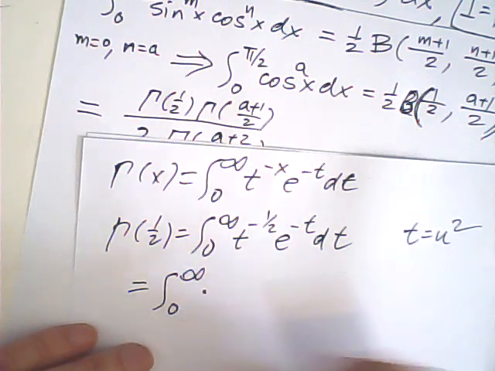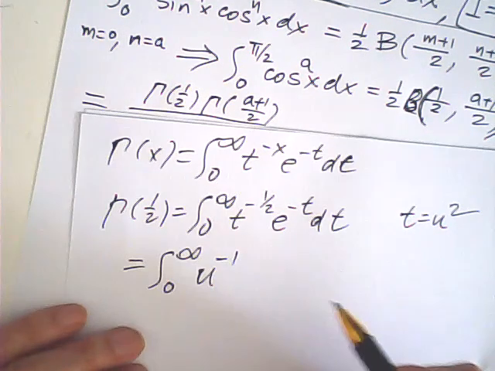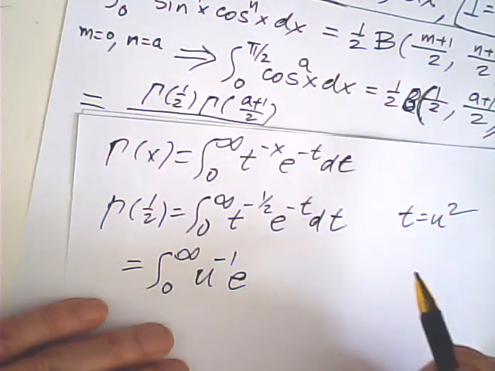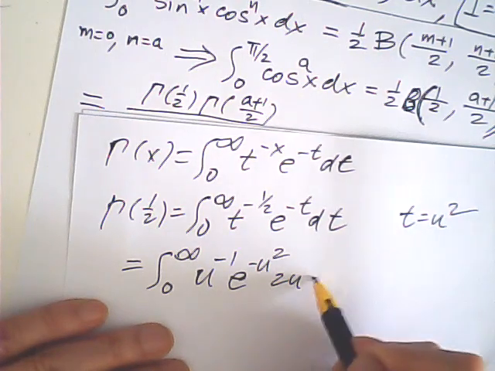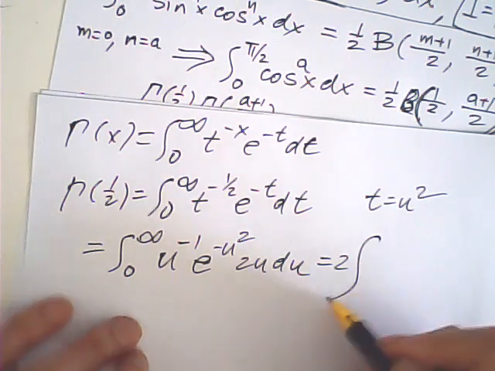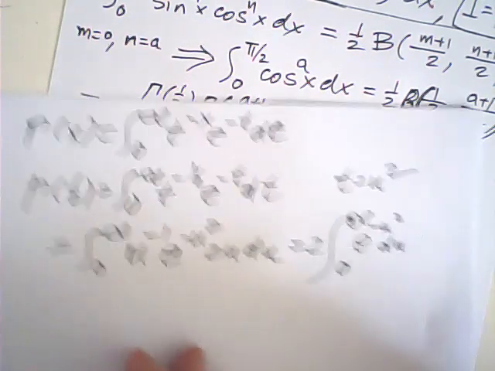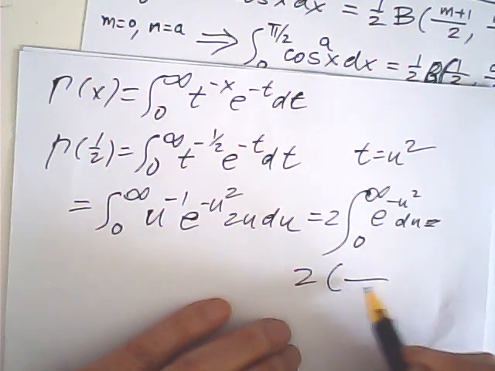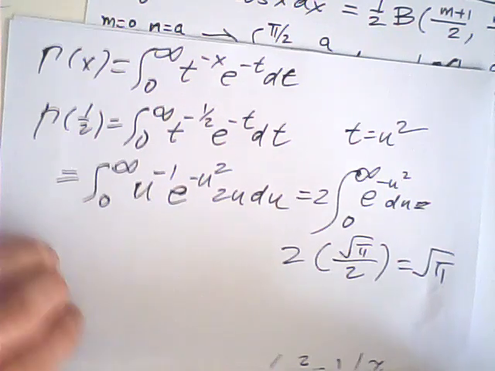So t is replaced by u squared, so t to the negative half is u to the negative 1, right? Good. e to the negative u squared, yeah. dt will be 2u du. So u cancels out, and it becomes 2 times the integral of e to the negative u squared du. Here, this is the Gauss integral, 2 times half, so equal to root pi.